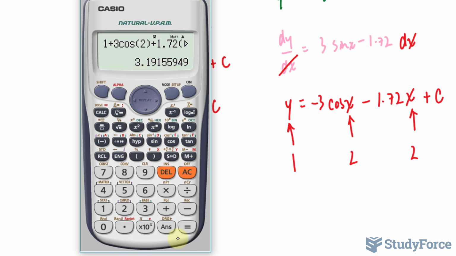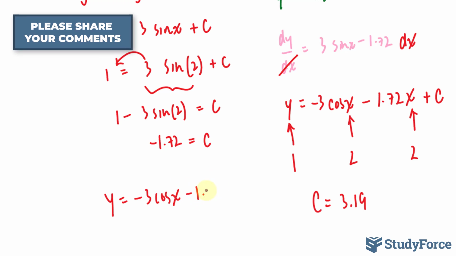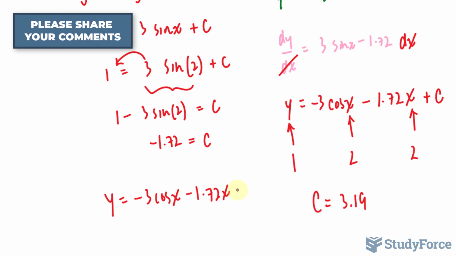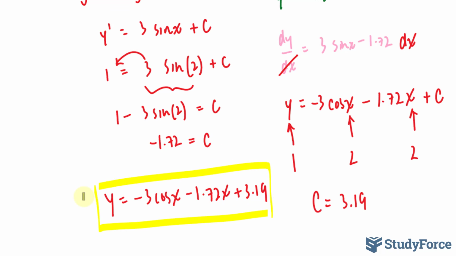We end up with 3.19. c is equal to 3.19. So our solution to this question is y is equal to negative 3 cosine x minus 1.72x plus 3.19.